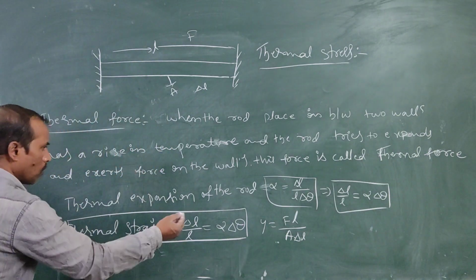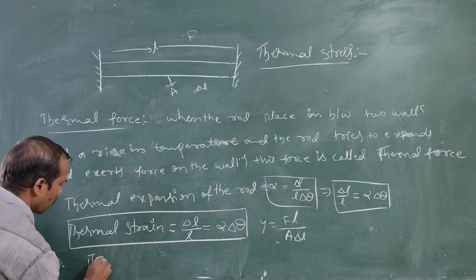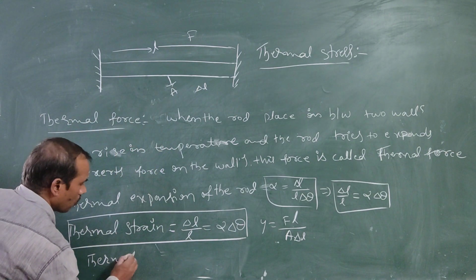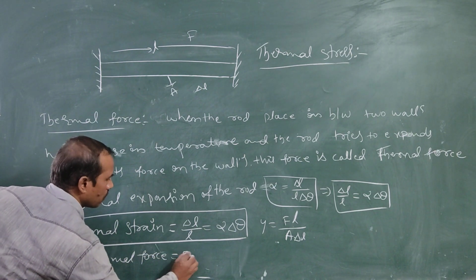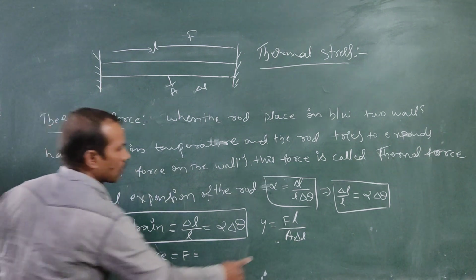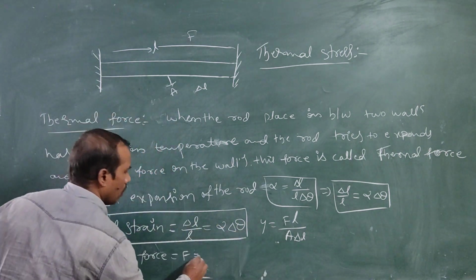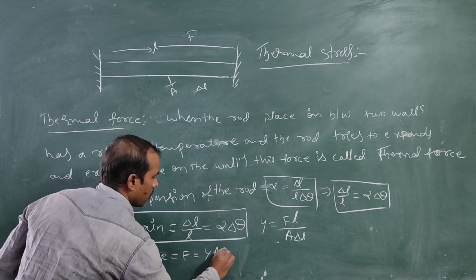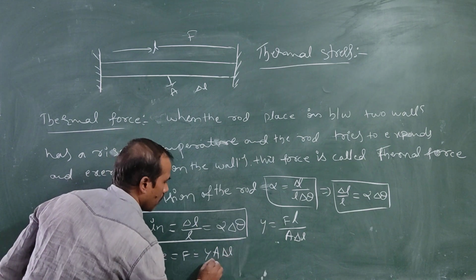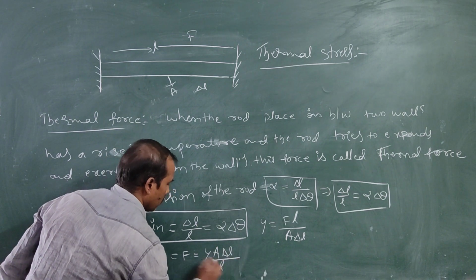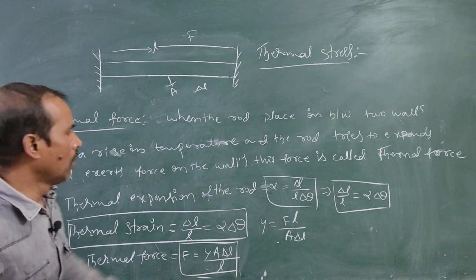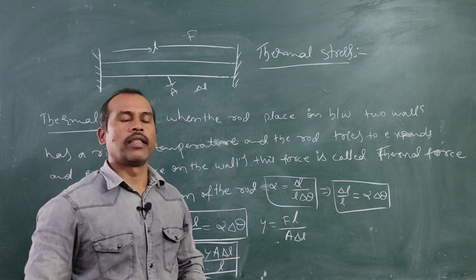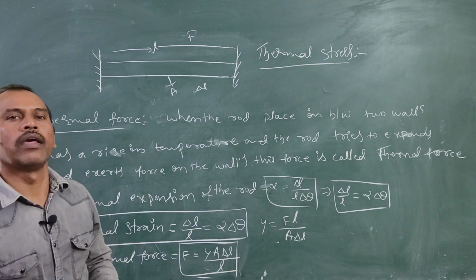So, by cross multiplication, thermal force F is equal to Y A delta L by L. This is the thermal force, where delta L by L is the thermal strain.